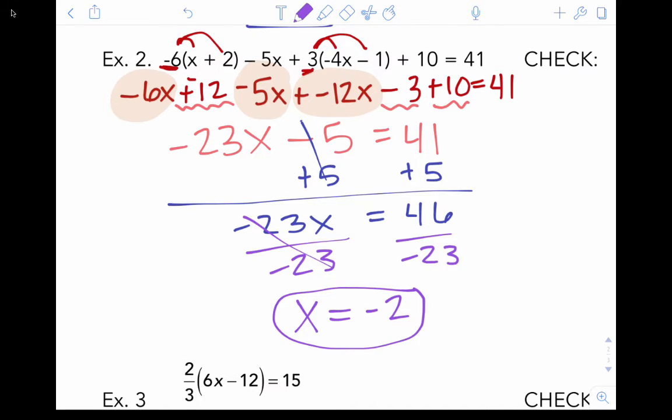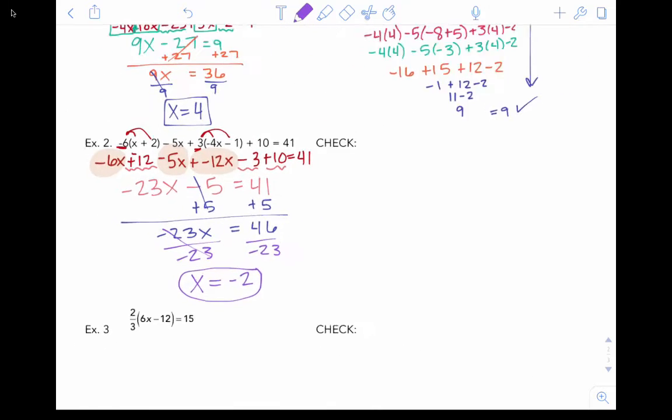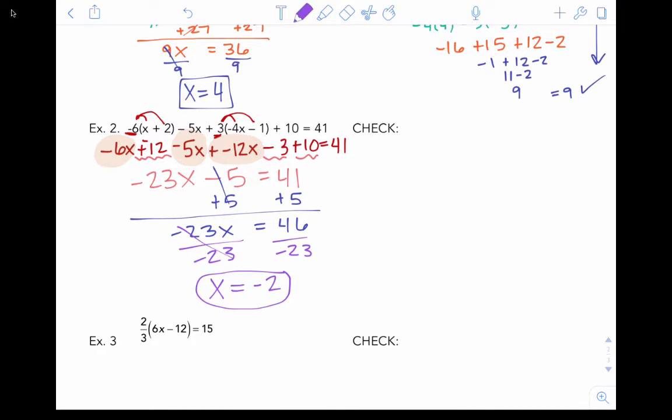So now I'm going to check this problem, check my work. I'm going to rewrite this problem, but I'm going to substitute negative 2 in for any of the x's.